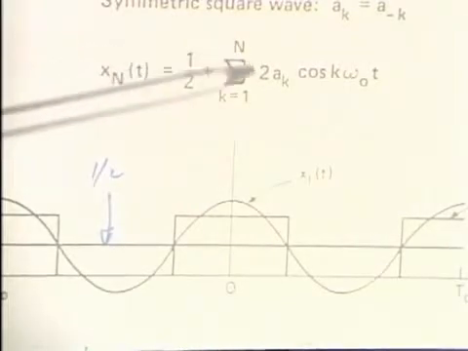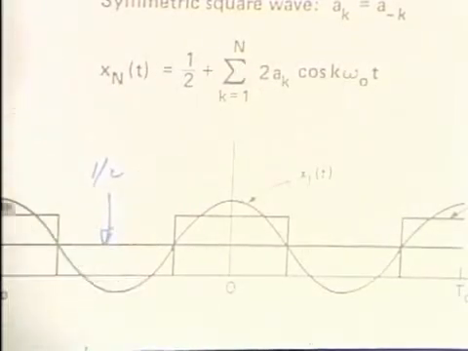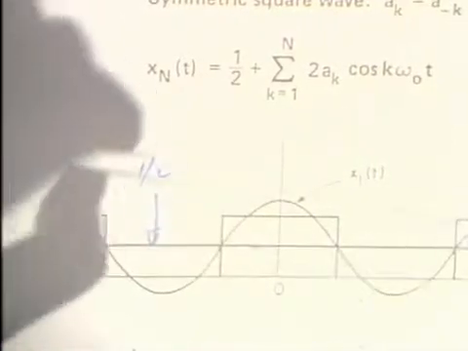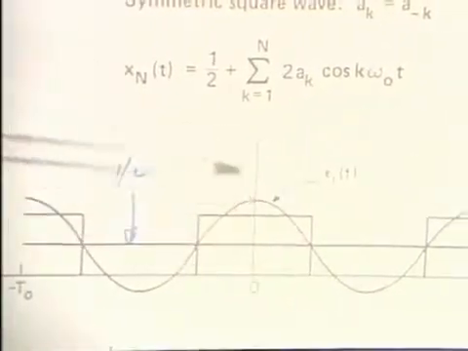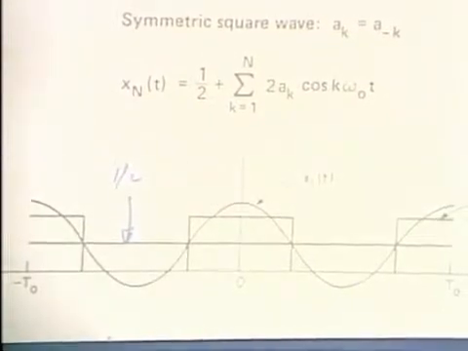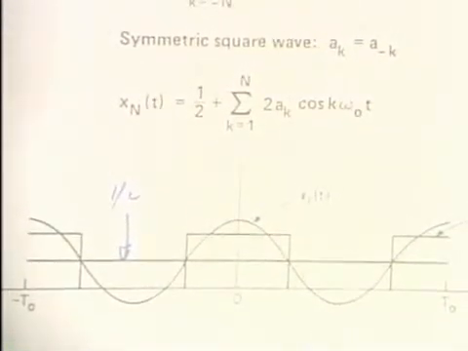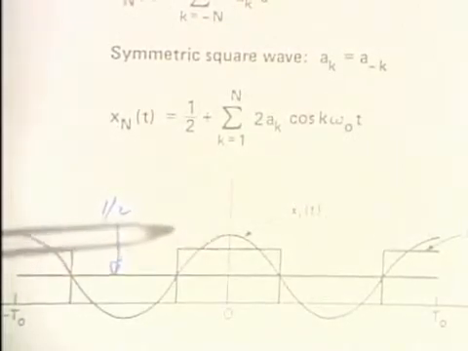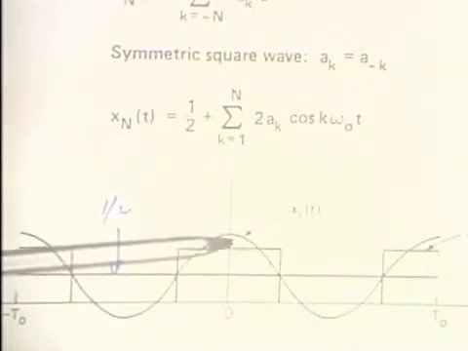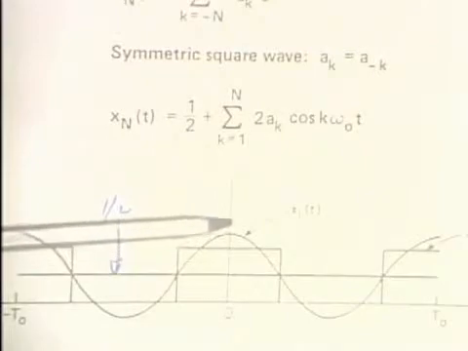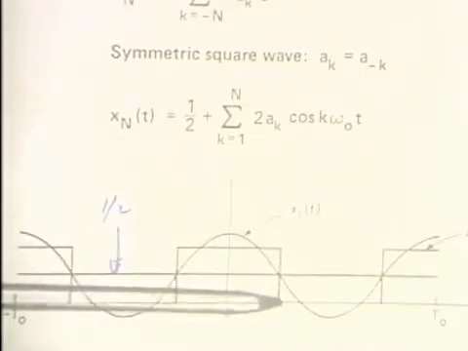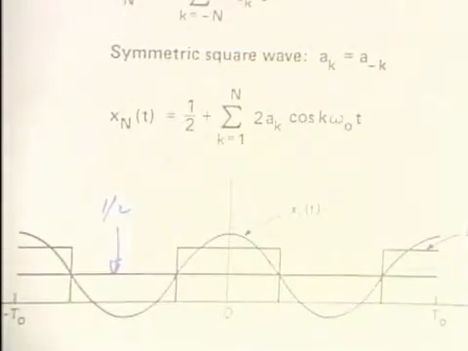With N equals 1, that would correspond to adding one cosine term to that, and so the sum of those two would be this, which looks a little closer to the square wave, but certainly not very close to it at all. And in fact, it's somewhat hard to imagine without seeing the terms build up how, by adding more and more terms, we can generate something that is essentially flat except at the discontinuities.